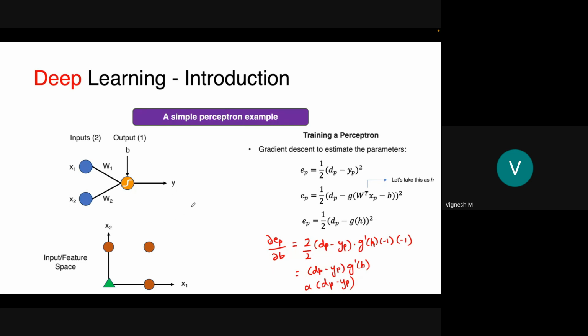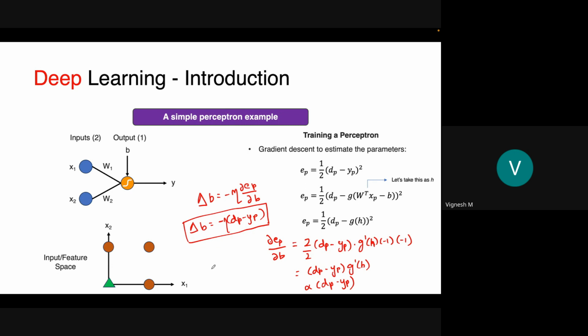So the change in the parameter, delta b, is going to be minus eta dou ep by dou b. So change in b will be eta times dp minus yp. That's the update rule for your bias, right? Any questions here?